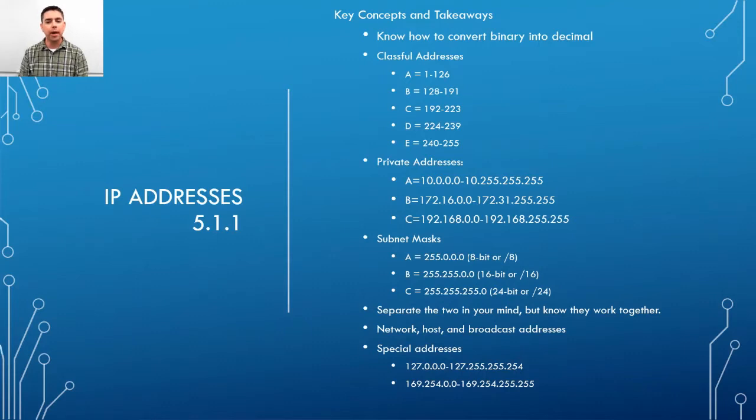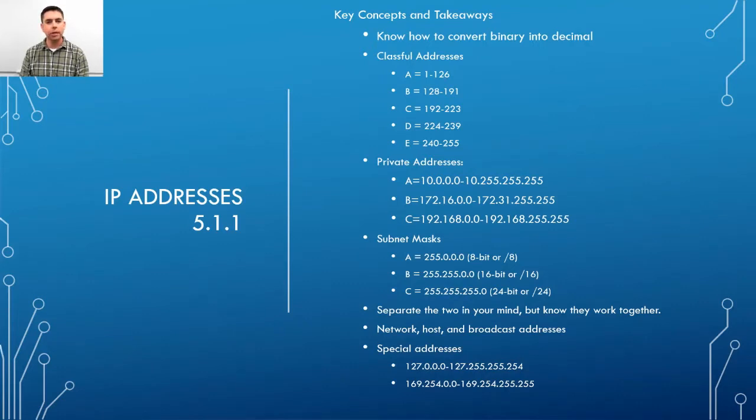And so some private IP address ranges for that internal network are reserved in the Class A. The whole 10 range is reserved for internal or private IP addresses. In the B class, 172.16.0.0 all the way up to 172.31.255.255 is reserved.